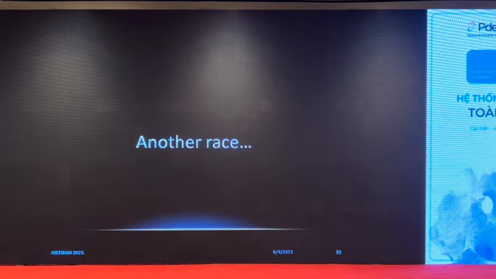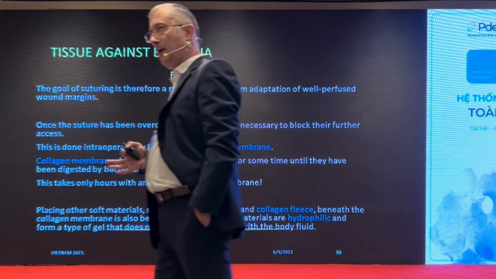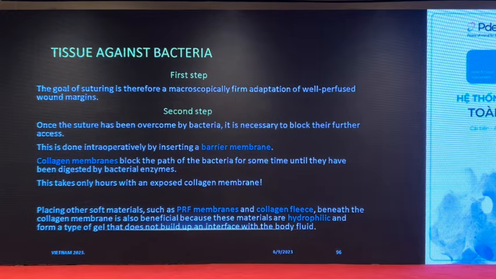So when we think about a good result, we have to think about another race. And this race is tissue against bacteria. In the first place, the goal of suturing is therefore a microscopically firm adaptation of this mucosal flap and well perfused flap margins.